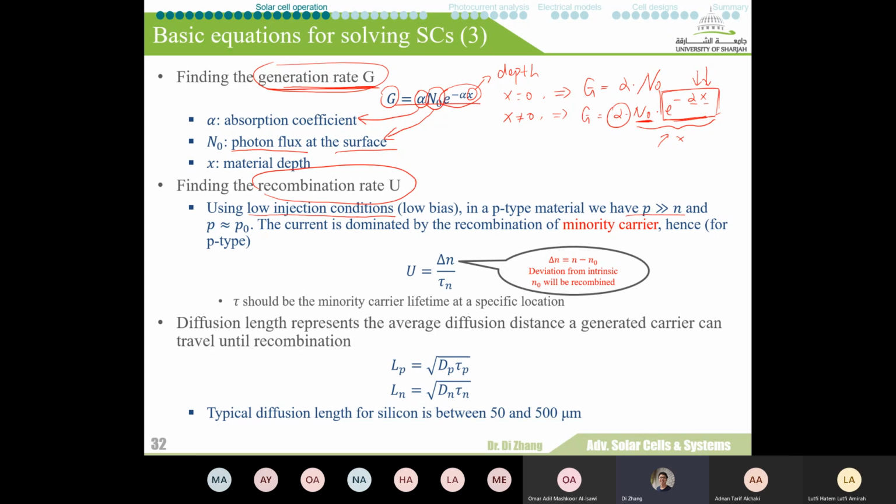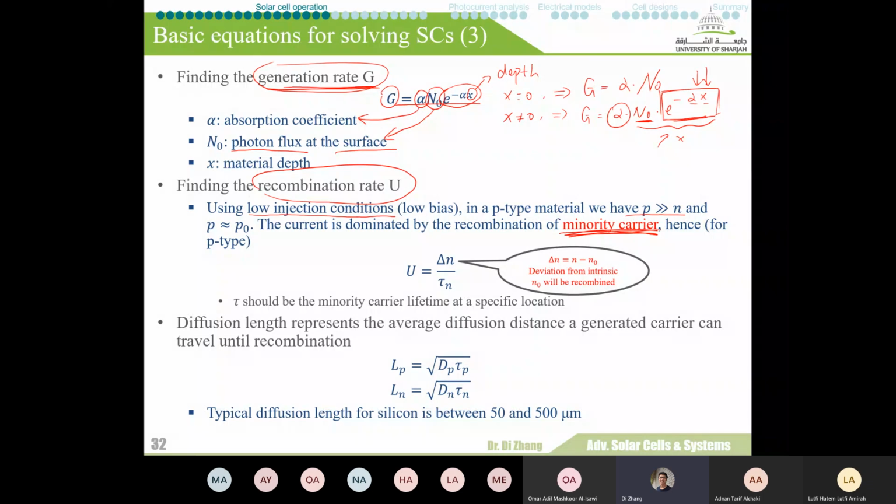But these assumptions are easy enough to understand. Typically the recombination behavior is determined mostly by the behavior of the minority carrier, because usually we have a majority carrier and a minority carrier.